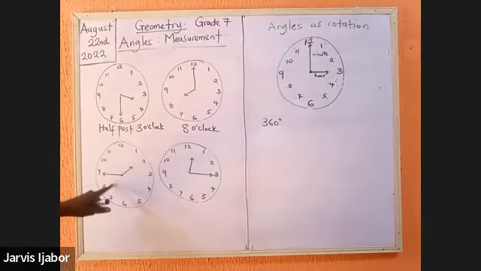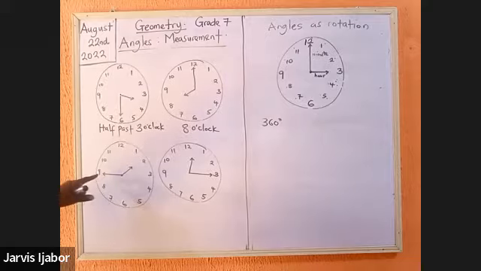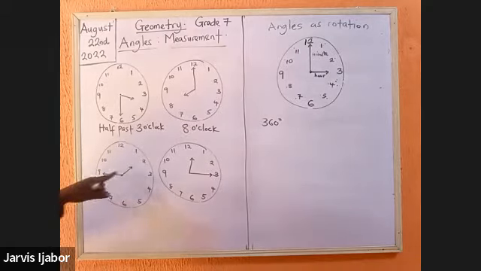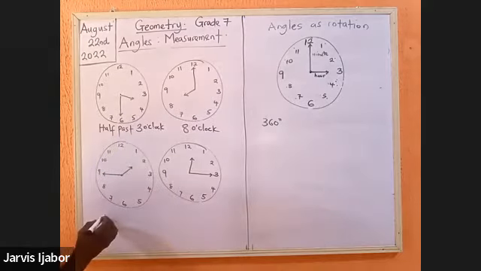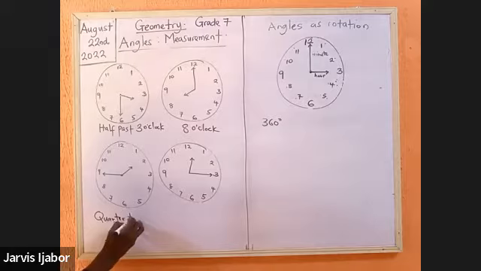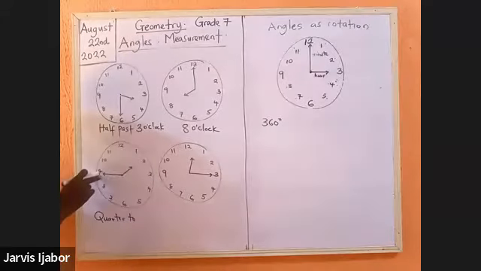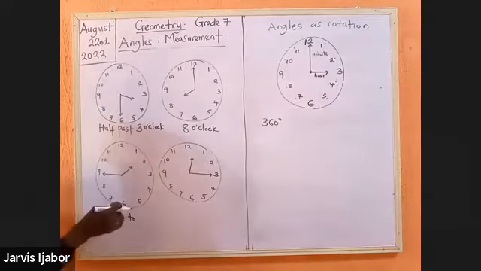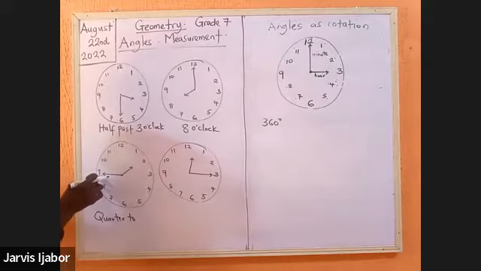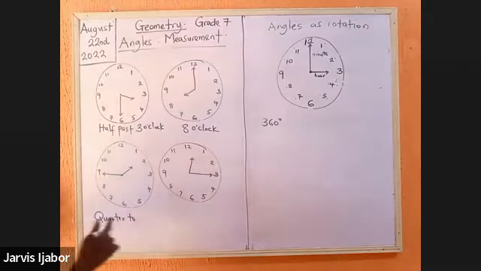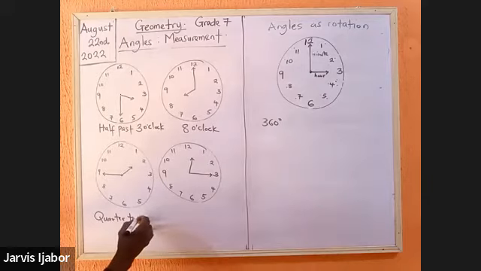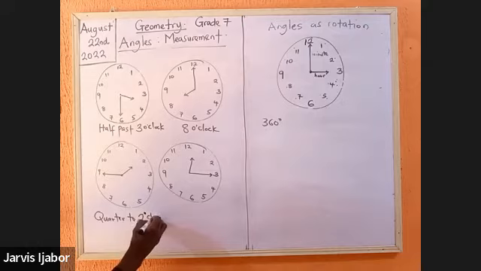Now, the minute hand here is at 9, and the hour hand is almost close to 2. So we'll say that this is what? Quarter to. The 9 position suggests to. When you cross this position, you're going to. Within this position, it is what? Past. Quarter to 2 o'clock.